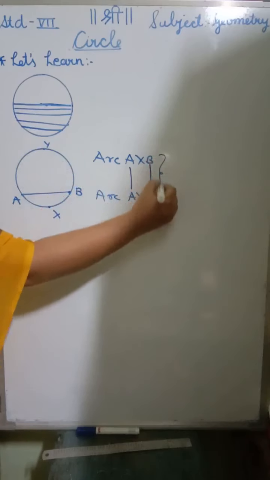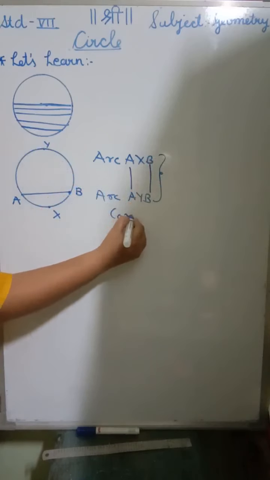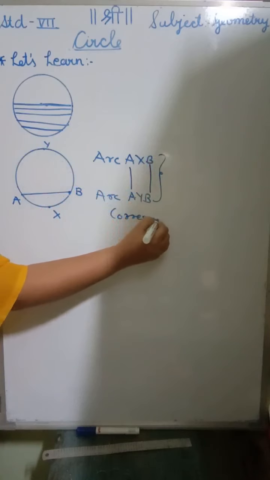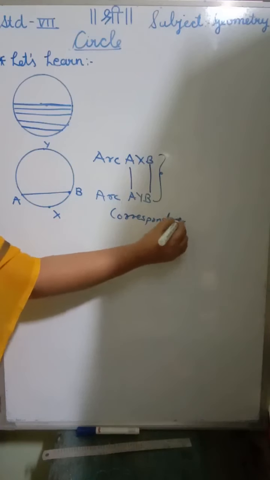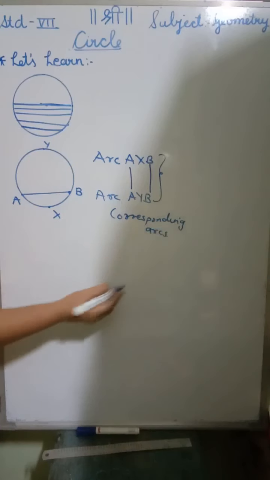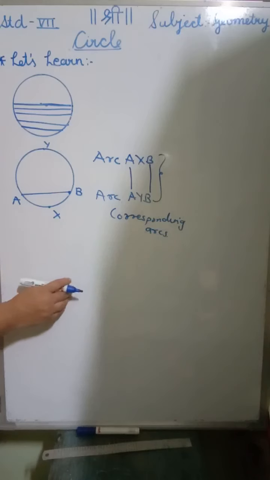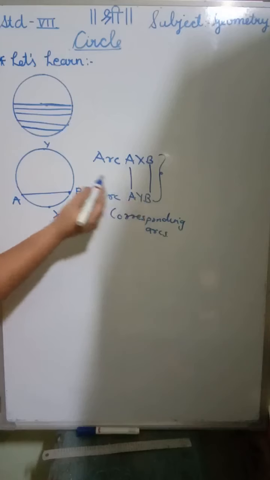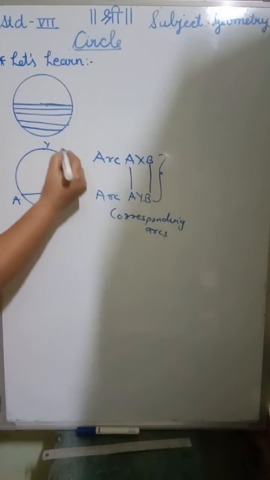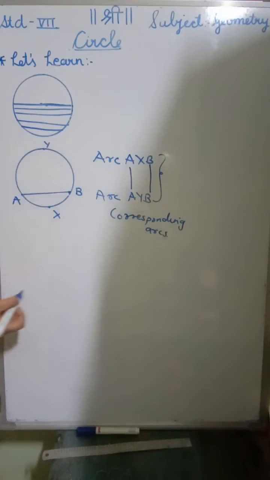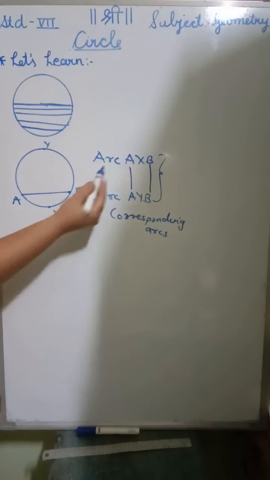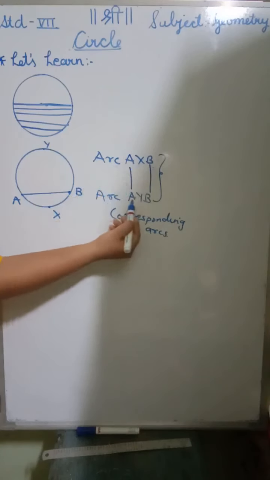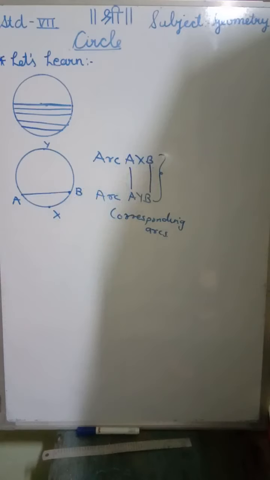Therefore, these two arcs are called corresponding arcs. Did you understand? So what are corresponding arcs? Two arcs of a circle having common end points, where the arcs make one complete circle, are called corresponding arcs. So arc AXB and arc AYB are mutually corresponding arcs.